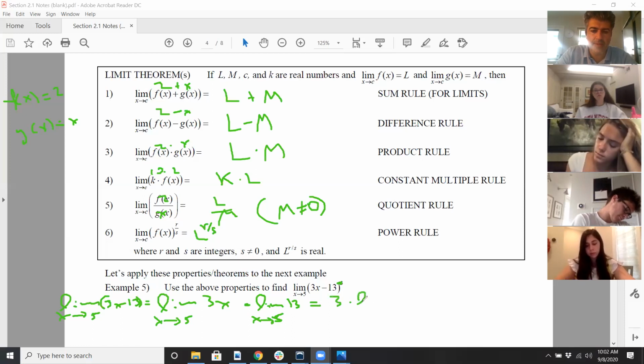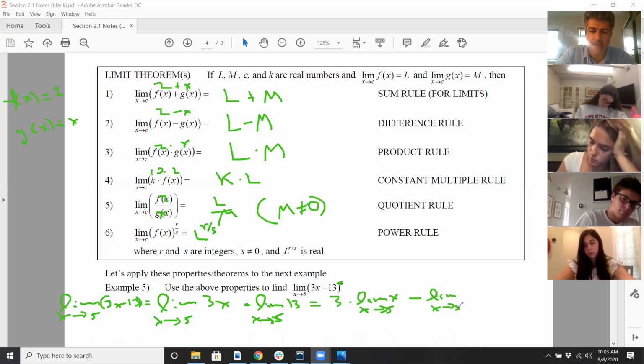3 times the limit as x approaches 5 of x, minus, again, the limit as x approaches 5 of 13. So even the 3x, I could break down even more, right?